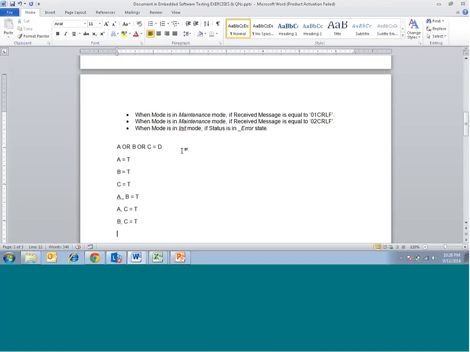When A becomes true, the condition will be fail. When B is true, fail. C is true, fail. Similarly, when A and B are both true, fail. Similarly, A, B, C, the last case, all true, it will be fail.